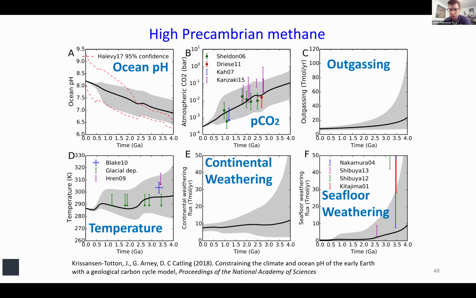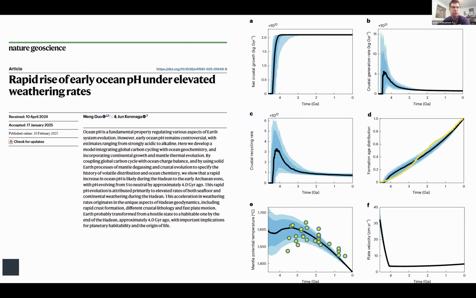So since this was published a while ago now, there have been a number of interesting follow-ups to this. One recent one from earlier this year, the Krissansen-Totton and Catling paper, is a similar kind of investigation looking at carbon cycle evolution over all of Earth history, but rather than sample a very broad range of outgassing histories, this paper includes an explicit model of crustal production and recycling.